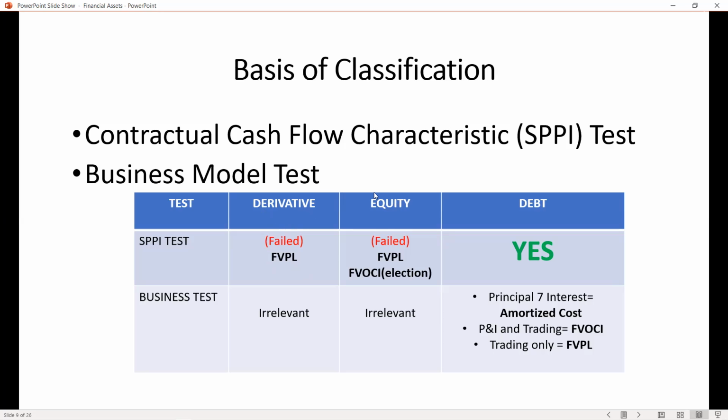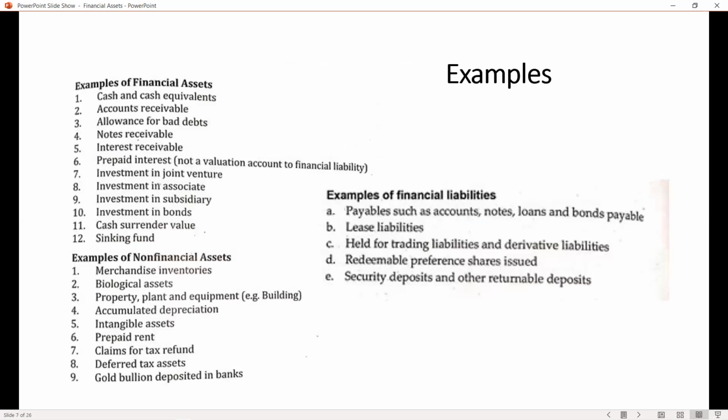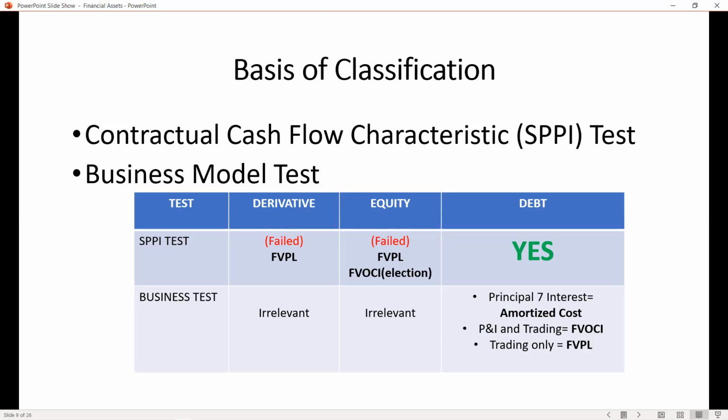Next, equity security. What is equity security? It is an equity instrument of another entity. Now, what was the purpose of equity security? Do we invest in equity security in order to collect principal and interest? Well, of course not. Therefore, it fails the SPPI test.